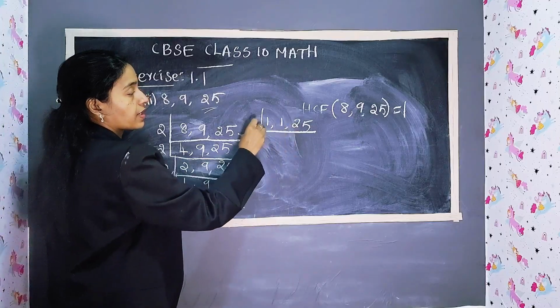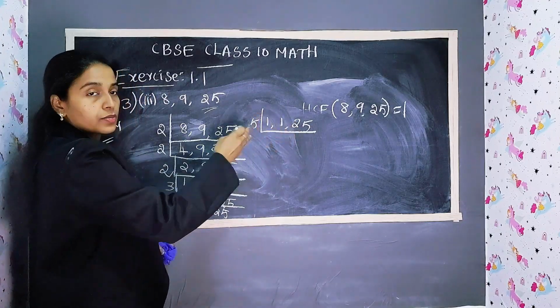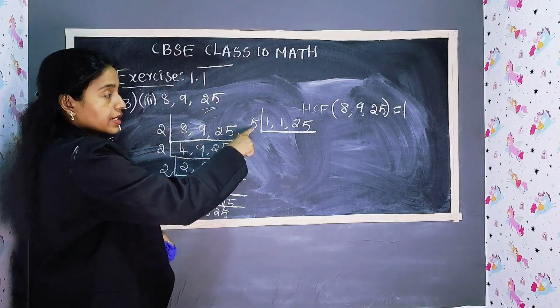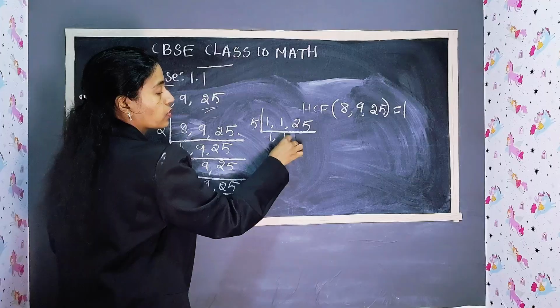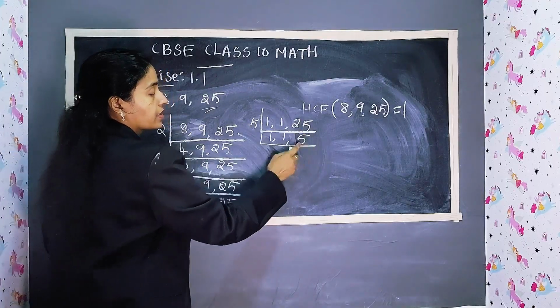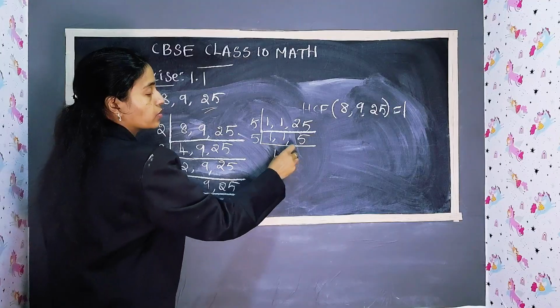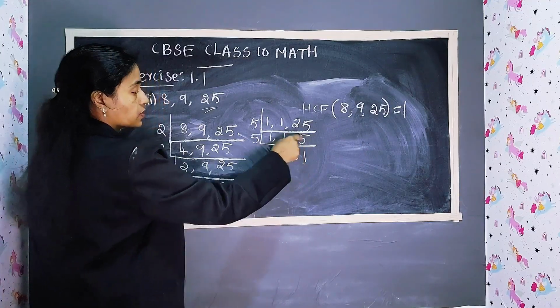I can take 5. I cannot take 3. Why? Because 25 will not get divided by 3 completely. But I can divide 25 by 5. So I am taking 5. 1, 1, 5, right? 5 fives are 25. And then again I can take 5. 1, 1, 1. 1 five is 5.